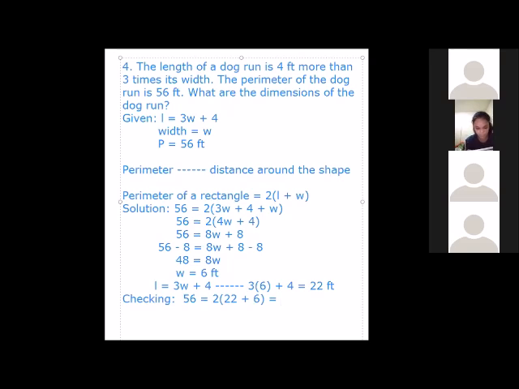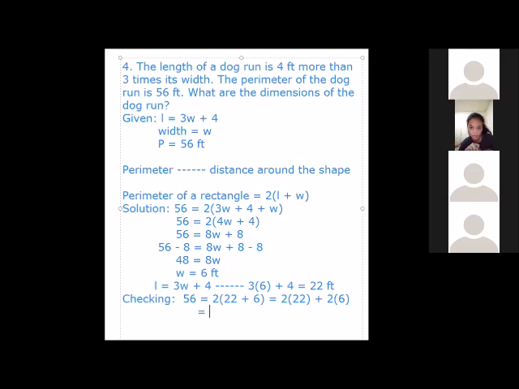Girls and Jude, can you check it yourselves? Can you solve first? 2 parentheses 22 plus 6 parentheses equals 28. 28 times 2 is equal to 56. Yes.